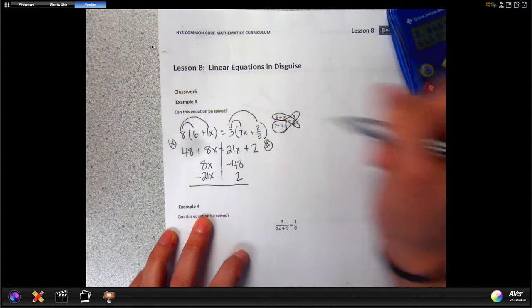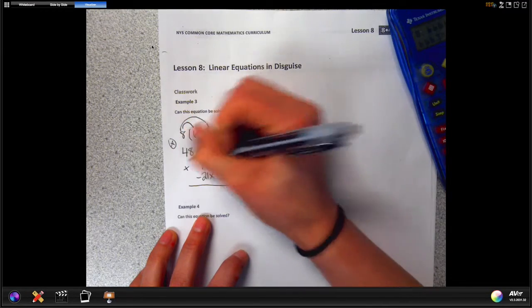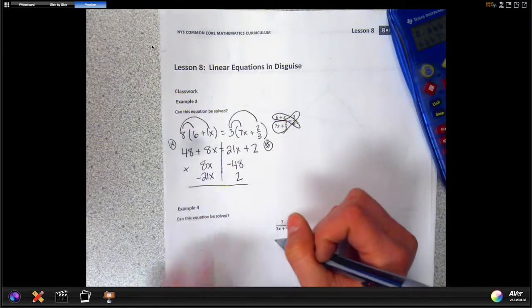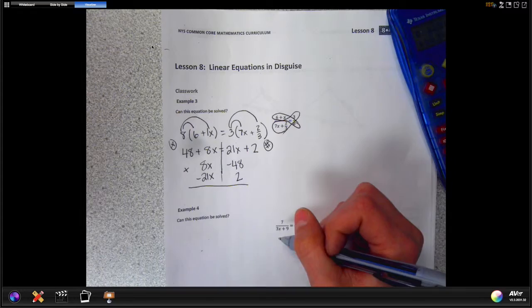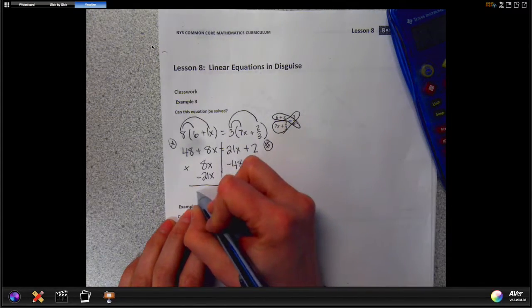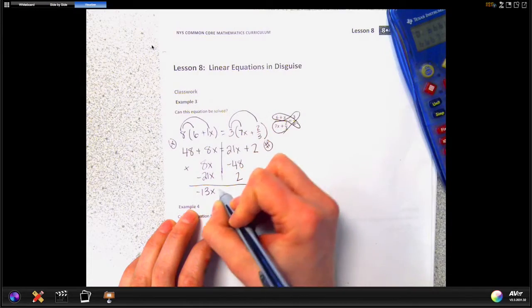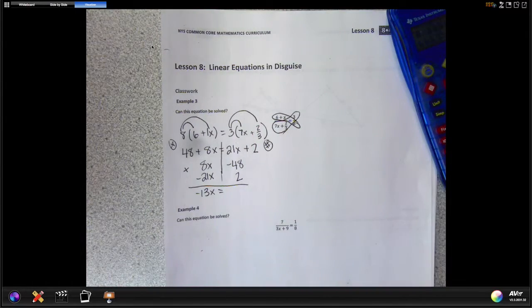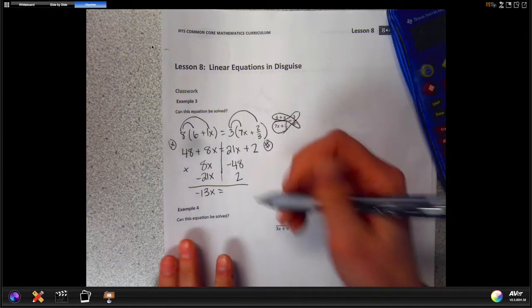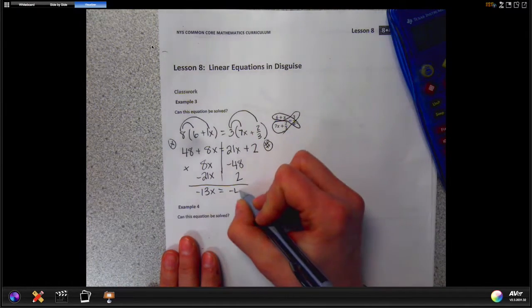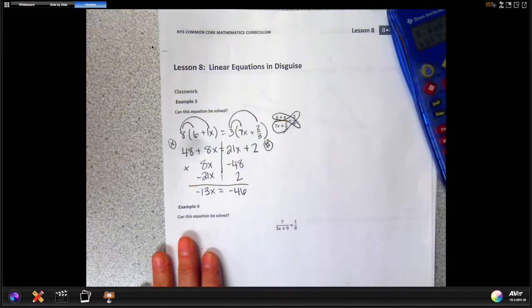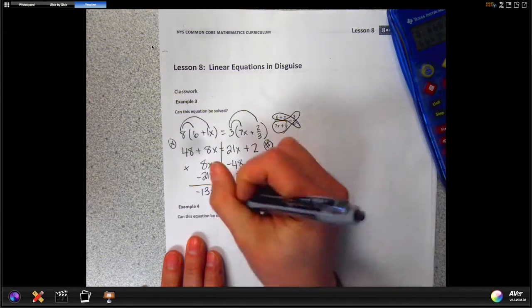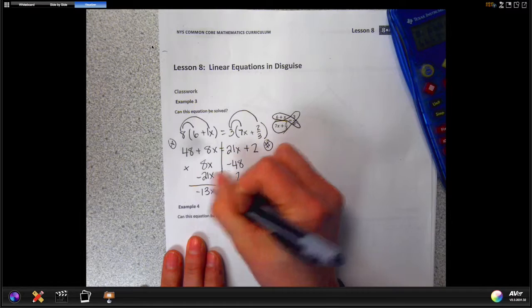Now remember, from here, we add, so 8x plus negative 21x is going to be negative 13x over here. And negative 48 plus 2 is negative 46. And now we are going to divide because we want to undo the multiplication here.